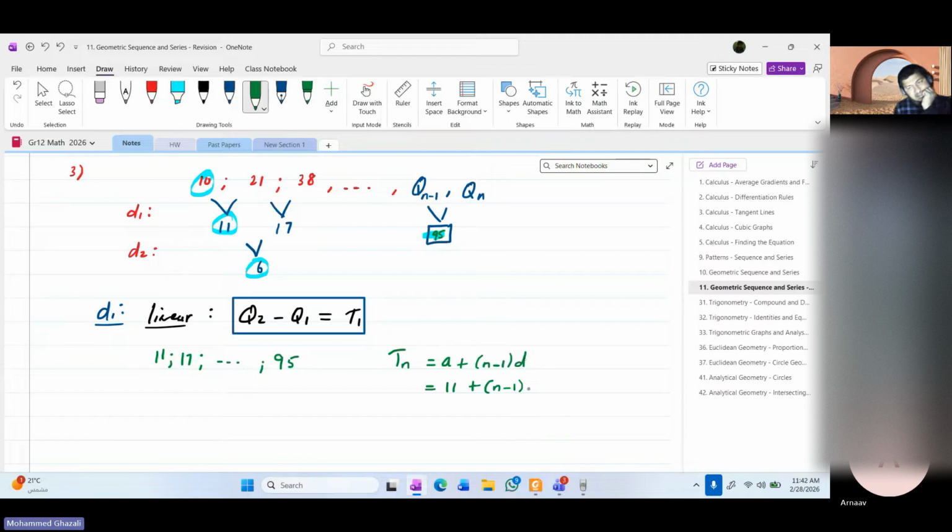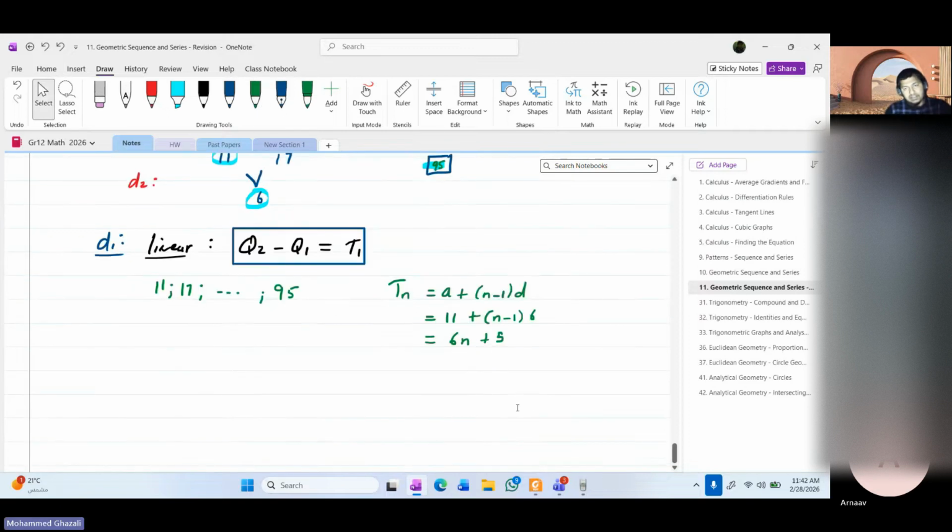What is d? 6. So 6 times n is 6n, minus 6 plus 11 is plus 5. So 6n plus 5 must now be equal to 95. So 95 minus 5 is 90, that is 6n. So therefore, n is equal to 15, 90 divided by 6. So the 15th term of the linear pattern is 95.